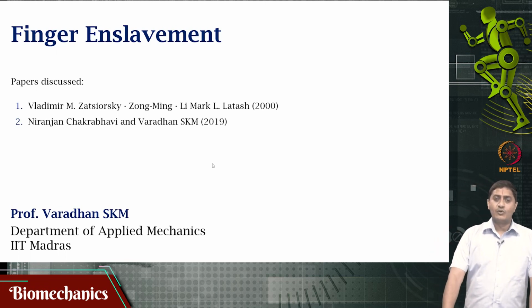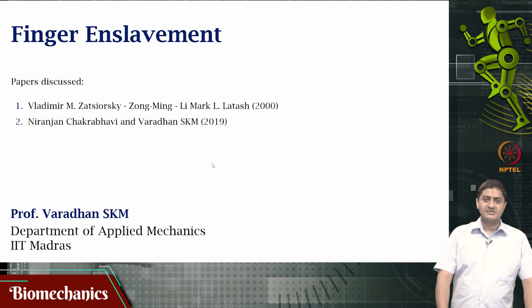Another paper is from our own lab at IIT Madras, our neuromechanics lab, co-authored by me with my past dual degree student Niranjan Chakravarthi. We discuss kinematic enslavement and the possible role of wrist posture in affecting kinematic enslavement in that paper.